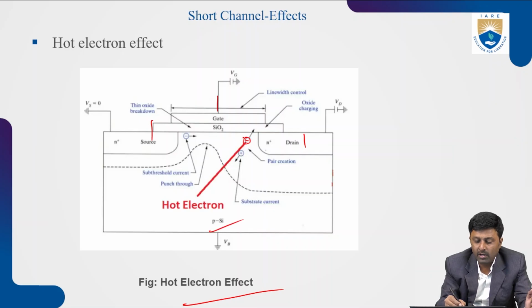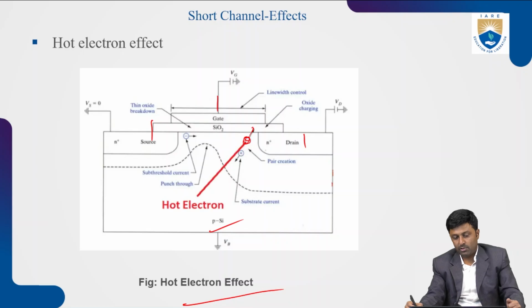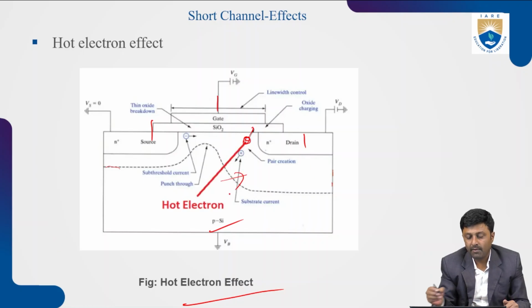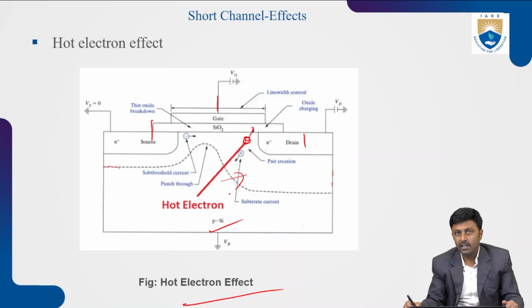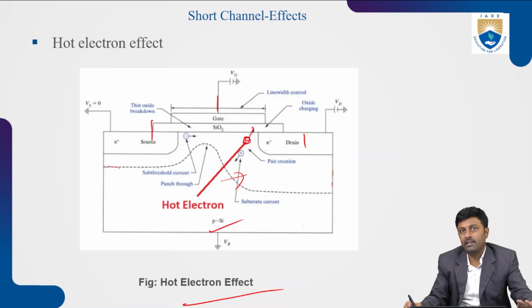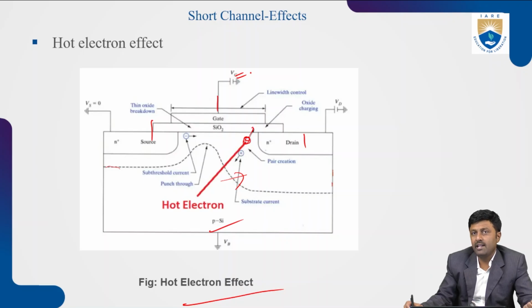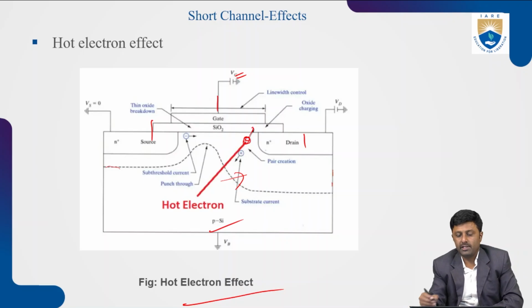The hot electrons get accumulated near the silicon dioxide layer. Because of this, the current flowing from source to the drain will decrease, which in turn increases the threshold voltage.